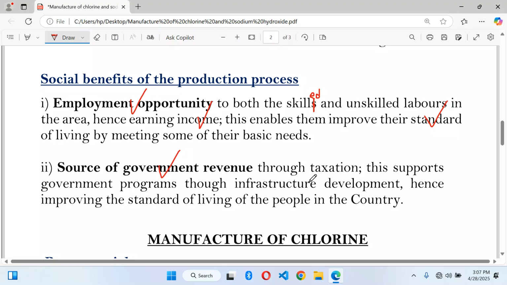Then after that, hence improving the standards of living of people in the country. Each and every point I put a score, and I'm saying each point you give that is a pregnant point, very well explained, you get the 3 scores. So a number under this section can give you all the 11 scores.